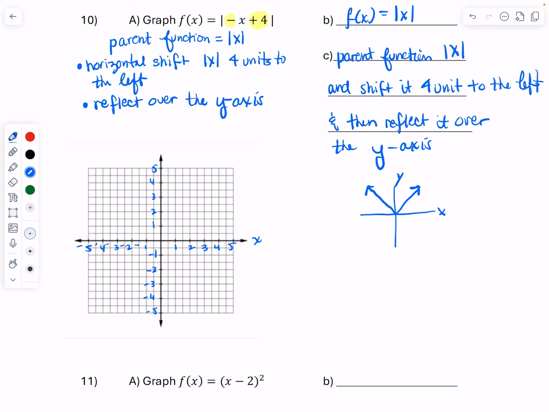Okay, so when I shifted, I'm moving this graph here 4 places to the left. So where it was 0, it's now at -4 because I've moved it. And then I'm just going to graph it in. Okay, so this function at this point looks like this. So I did the horizontal shift.